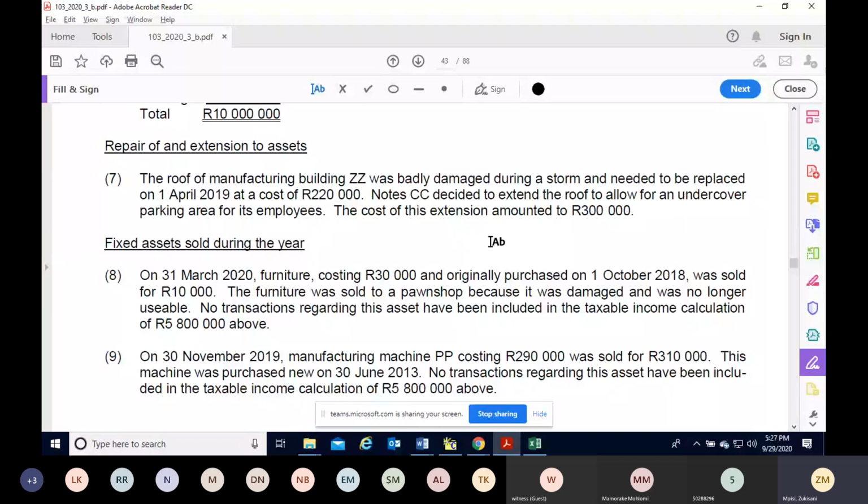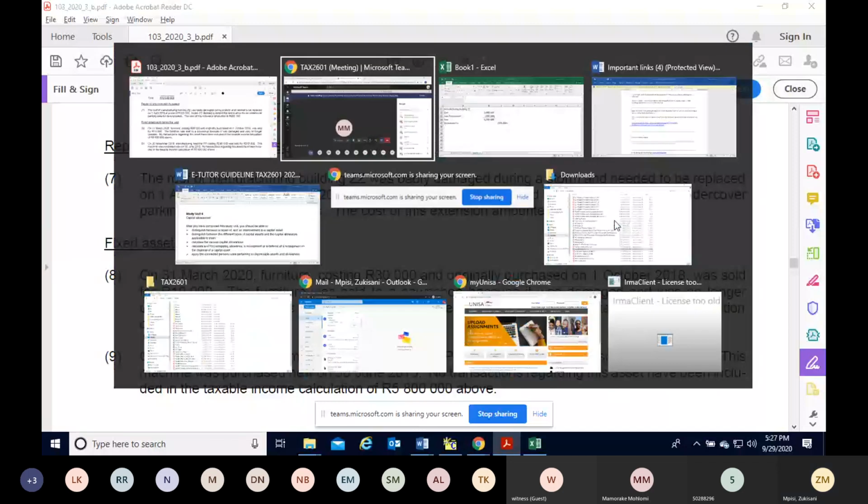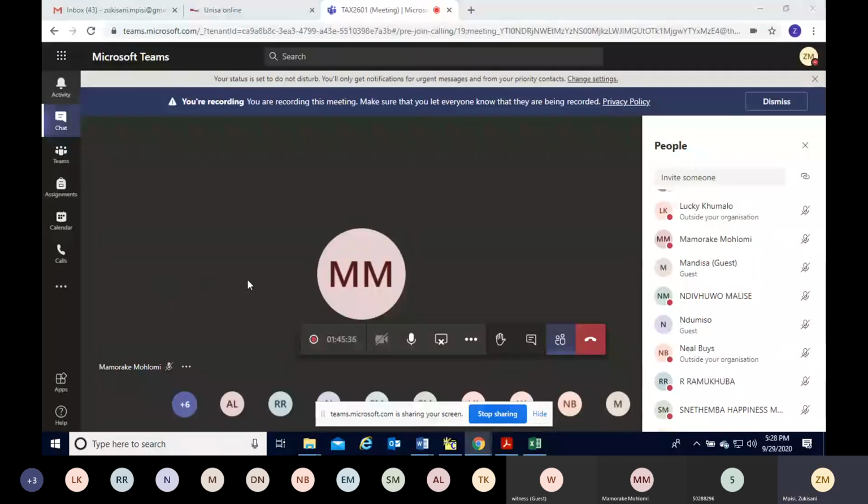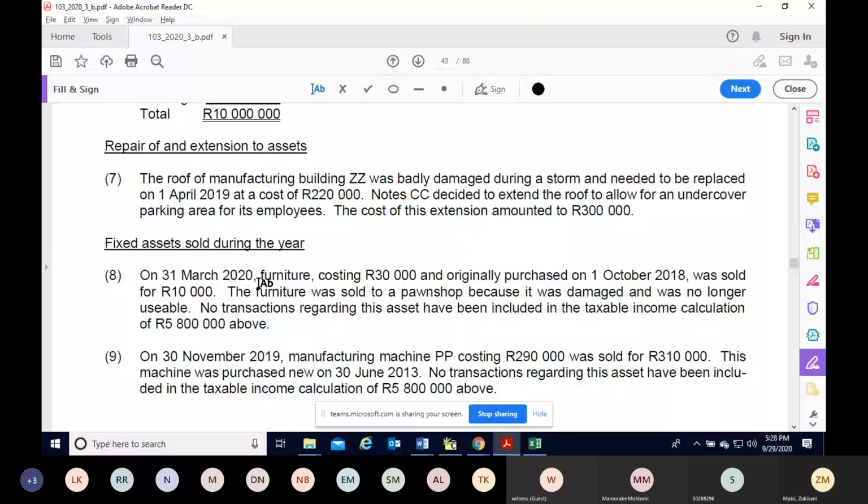The cost of this extension amounted to 300,000. So straightforward, we can pick up that there are repairs of 220,000, and that there are improvements made of 300,000.